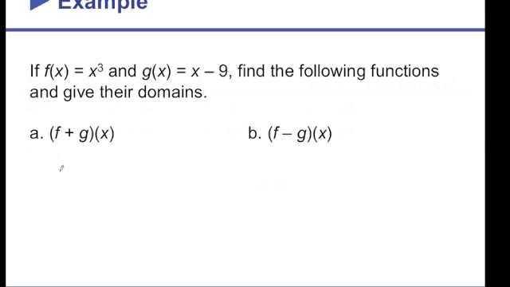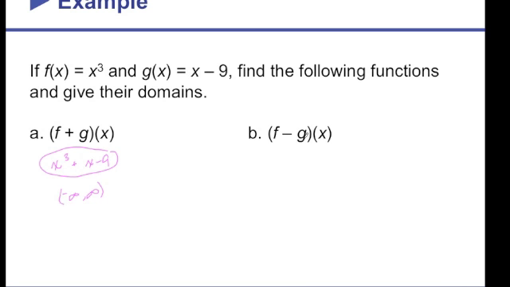Let's try these on some actual problems. So here our f of x is x cubed and our g of x is x minus 9. Find the following functions and give their domains. Well, the first one, adding, so it'll be f of x plus g of x, and this will be our answer, and our domain is all real numbers.